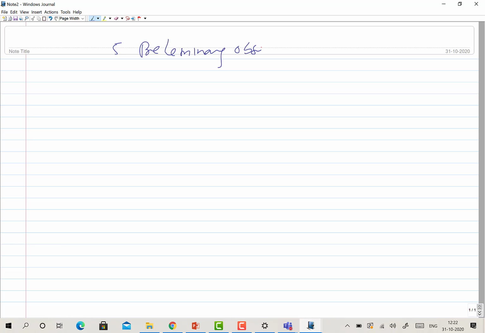The values of these observations are, say, 7, 6, 7, 7 and 6. It may be time in minutes, or seconds, or any other time unit that we can write. We'll write the time unit here just for a simple set.